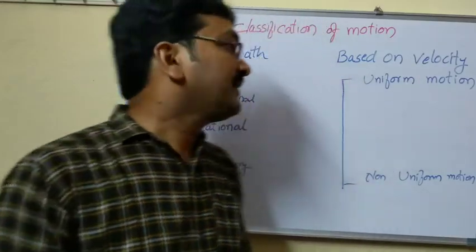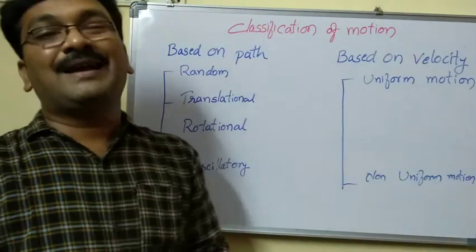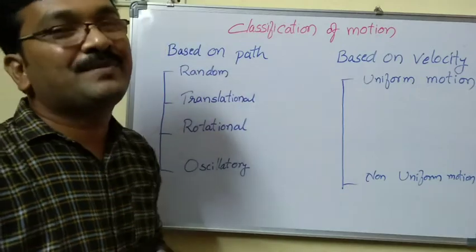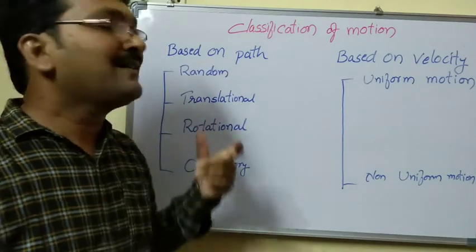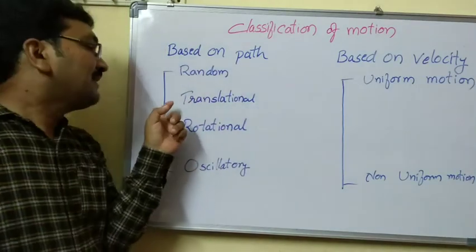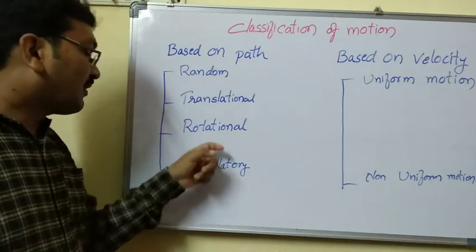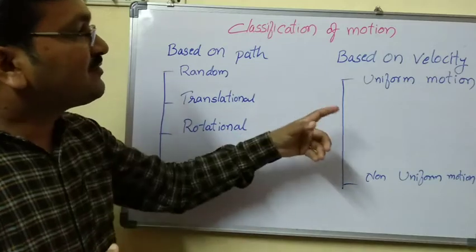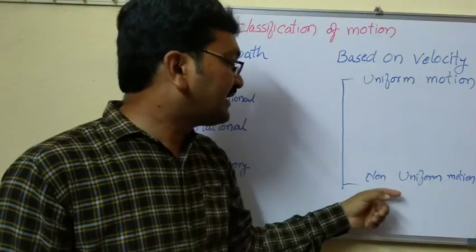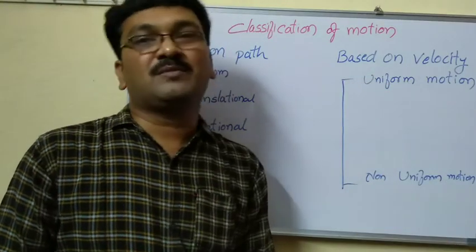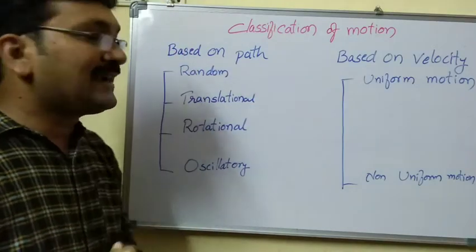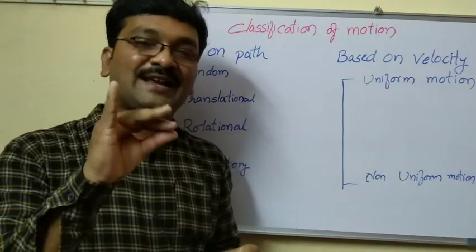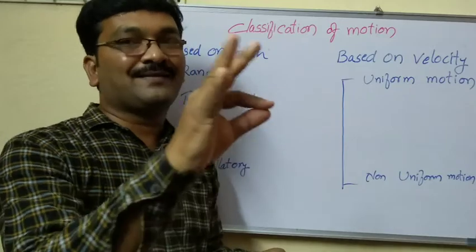Classification of motion: it is based on path and based on velocity. Based on path, there is random, translational, rotational, and oscillatory. Based on velocity, there is uniform motion and non-uniform motion. For random, suppose you take a butterfly, it will move here and there.